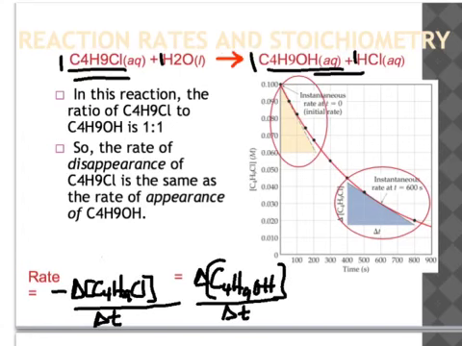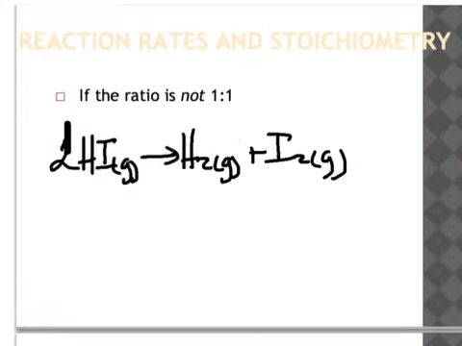So we're looking at, once again, the rate of disappearance of reactant being a negative value is going to be equal to the rate of appearance of the product, a positive value.